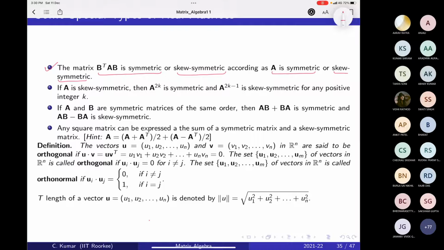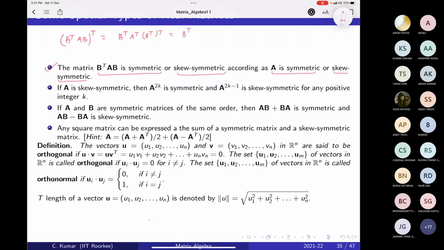I will just show the symmetric part. The skew symmetric part you can easily see. So B transpose AB, I want to show that this is a symmetric matrix. That means I take the transpose of this. So this will be equal to B transpose, A transpose, B transpose, transpose. And this is equal to B transpose.